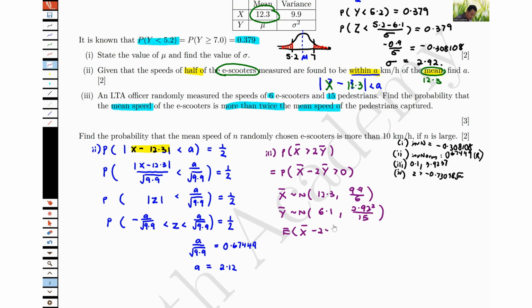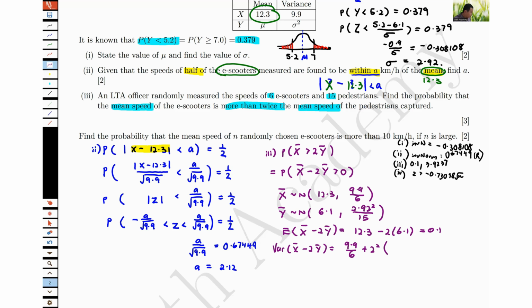I would like to find this distribution. So we quote the expectation first, the mean. Use the numbers that we have above. For the mean, it's straightforward, follow the same signs: 12.3 minus 2 times 6.1. Variance is the one where we have to be a little bit more careful. Variance of x bar is 9.9 over 6, then we plus 2 squared, multiplied by the variance of y bar.